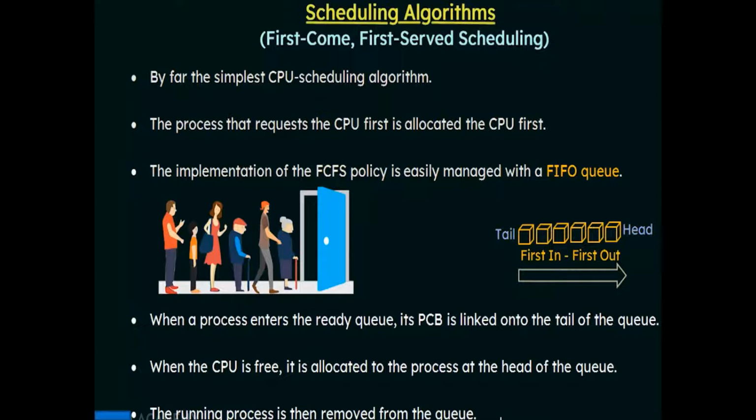When the CPU is free, it is allocated to the process at the head of the queue. Means the CPU selects the next process from the head of the queue, and a new process is added at the tail. The currently running process is then removed from the queue.